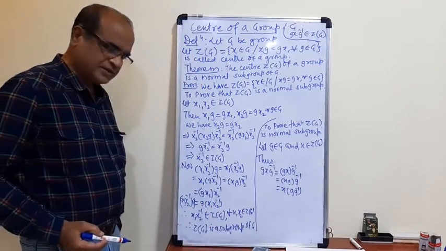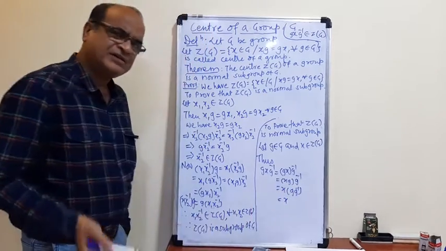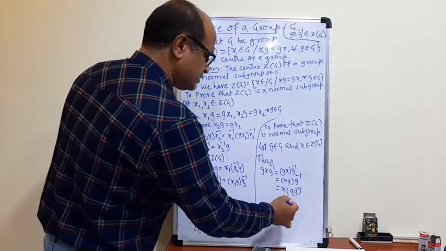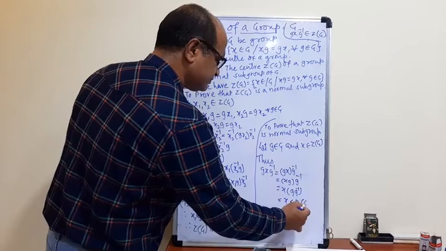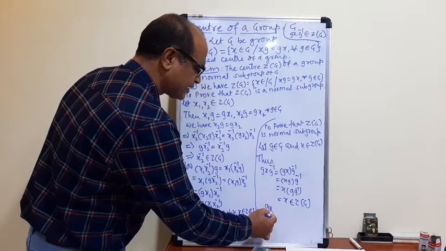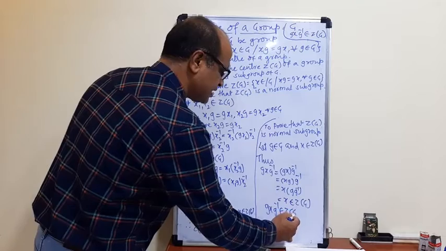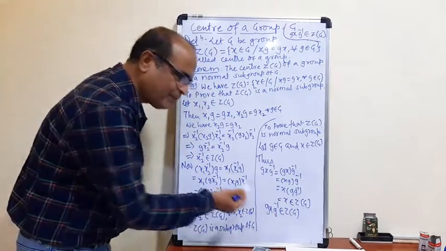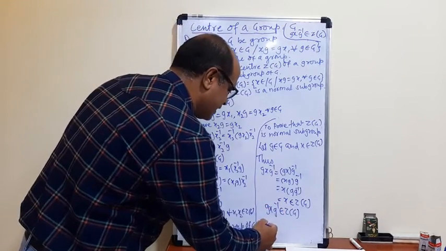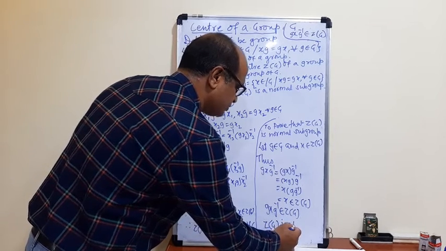Because g into g inverse is the identity element, x into the identity is x itself. But x belongs to Z(G). So g x g inverse belongs to Z(G). Therefore, by the definition of a normal subgroup, Z(G) is a normal subgroup.